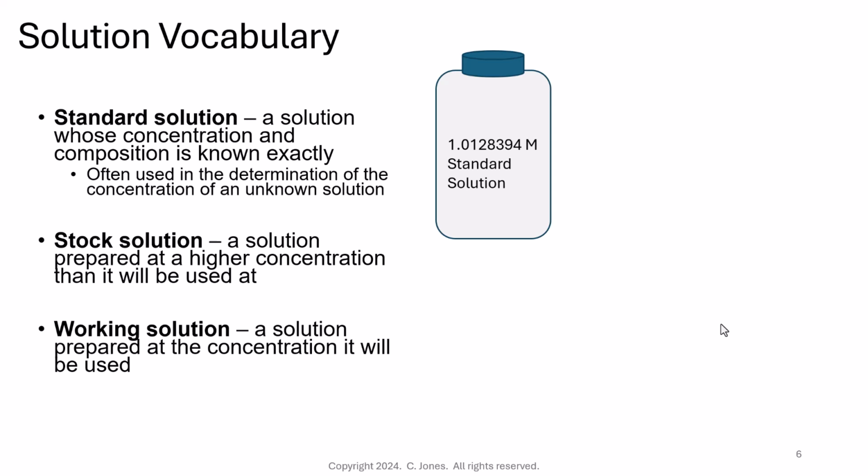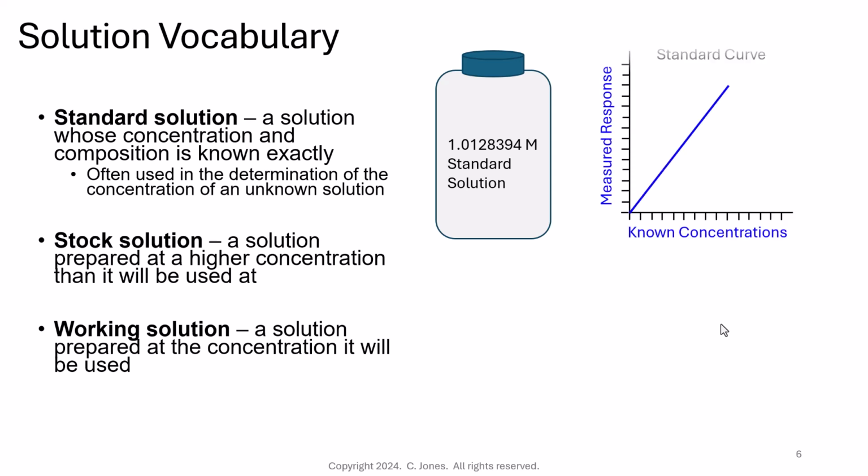And so really what you're weighing out is 0.95 grams of sodium chloride, and the other 0.05 grams are the impurities. And so when we make a standard solution, we take all of that into account when we weigh out the solute. Okay? Standard solutions are often used in the determination of the concentration of an unknown solution.